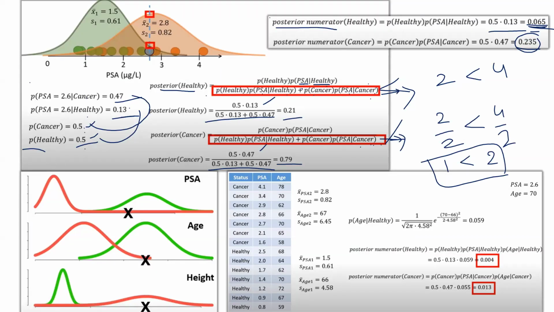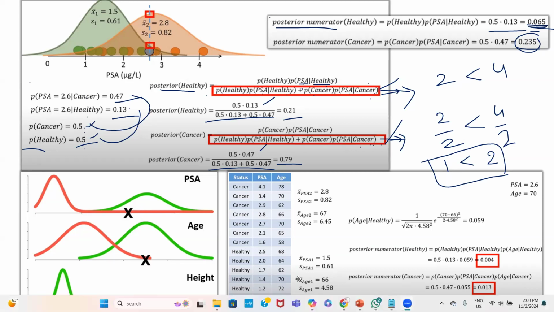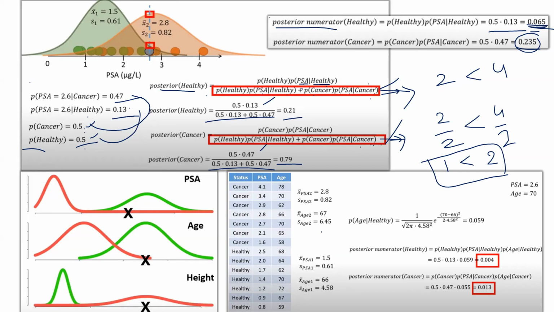Now if I got two dimensions, in naive Bayes what we are just trying to do is ignore the dependency or the correlation between the dimensions. We are just trying to consider them as independent variables. So we treat every dimension as an individual attribute, and we do not focus on the dependency or the correlation between two dimensions.